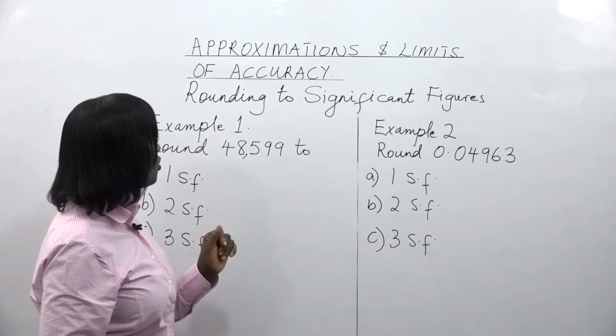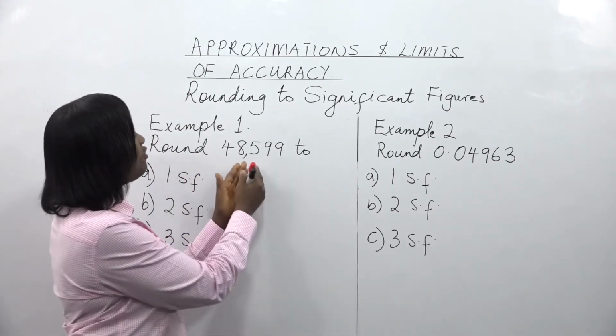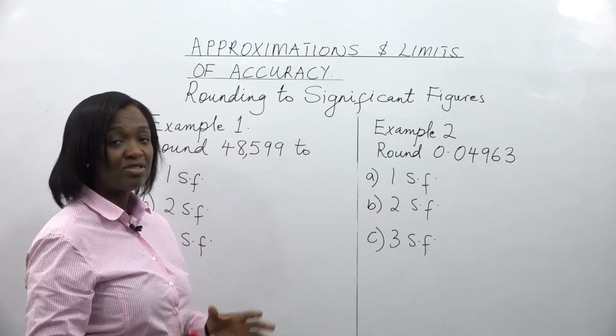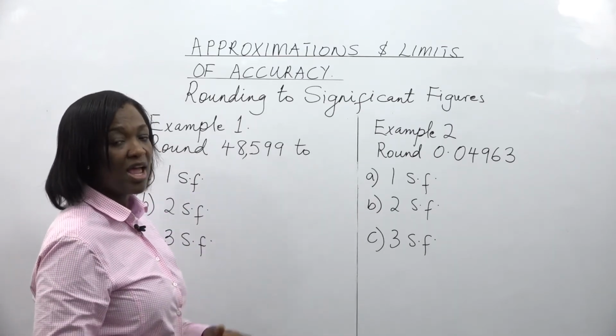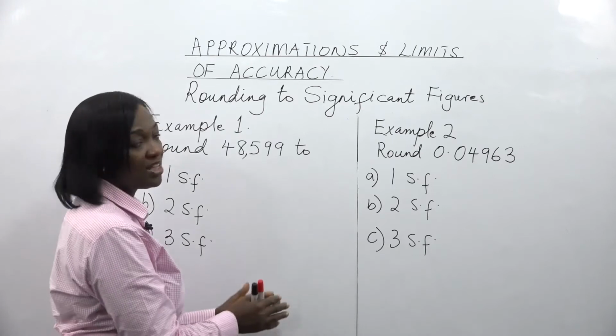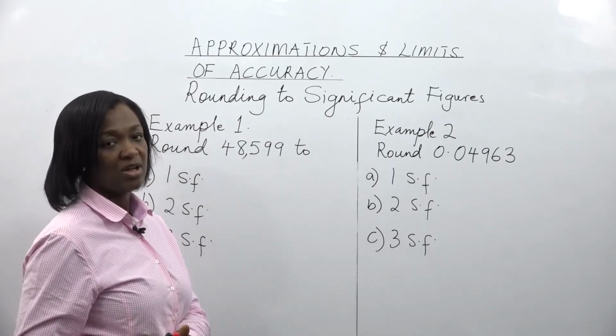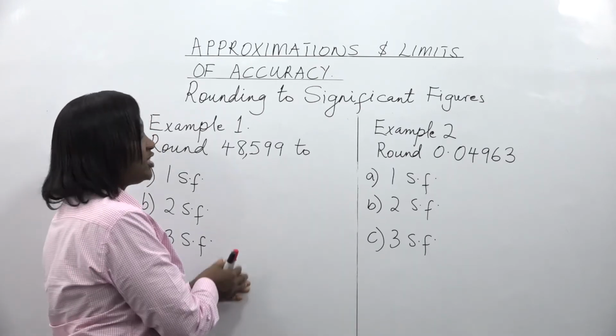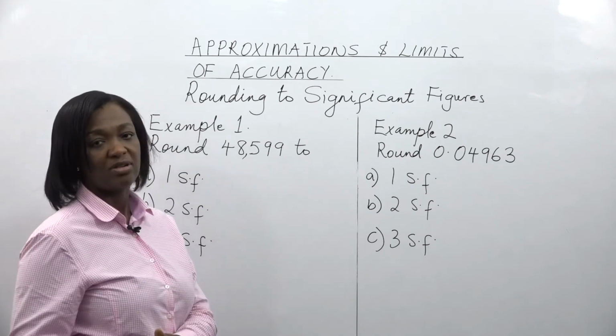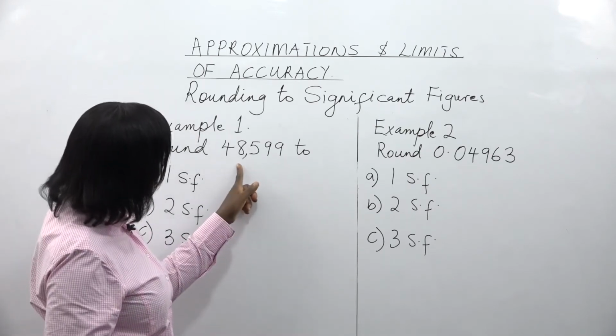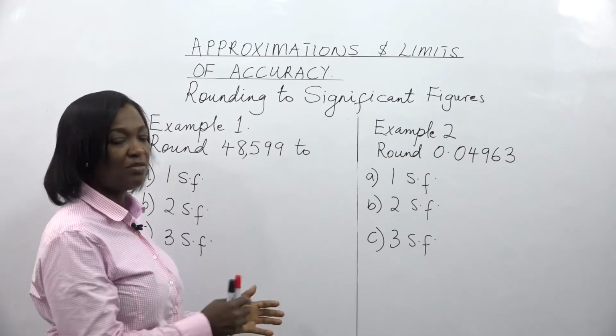But basically, we're saying 48,599, if you are counting in tens of thousands, is between 40,000 and 50,000. So is it closer to 40,000 or to 50,000? We know that 48,000 is closer to 50,000.